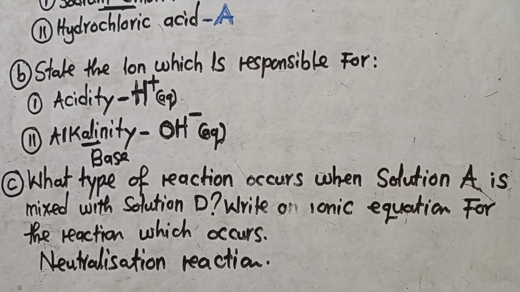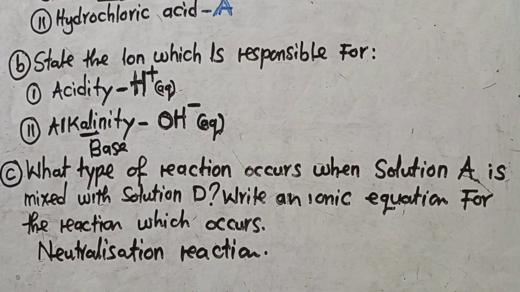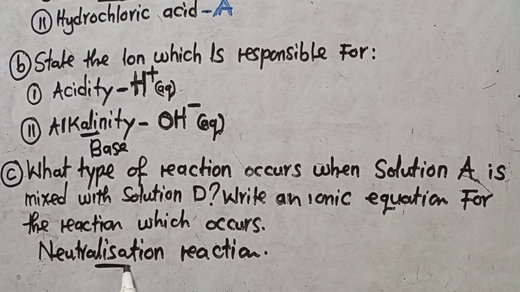You understand that neutralization is the formation of water from hydroxide ions, which is from a base, that is D, and hydrogen ions from an acid. A salt is also formed during the process. They are telling us to write an ionic equation for the reaction which occurs. So an ionic equation, how is it supposed to be? Ionic equation for what? Neutralization reaction.